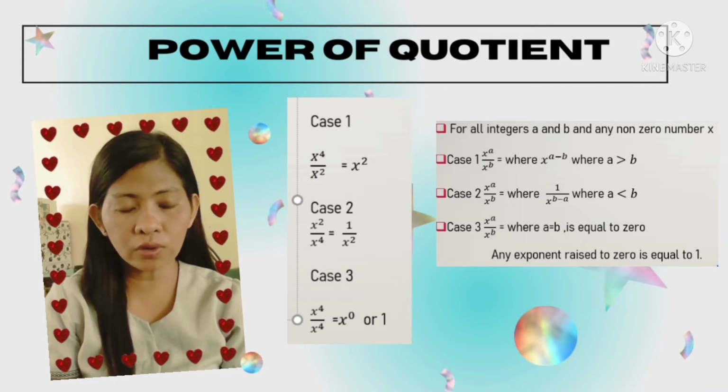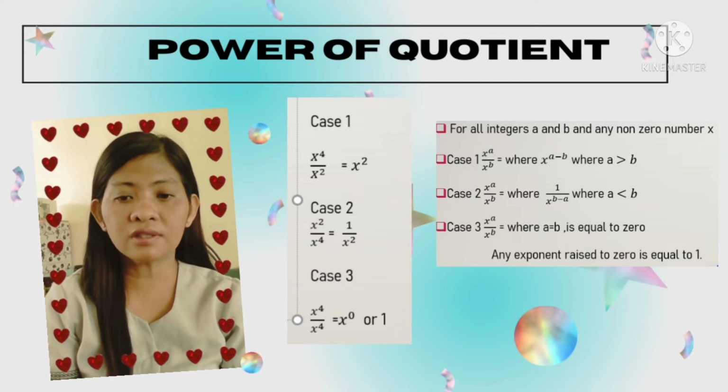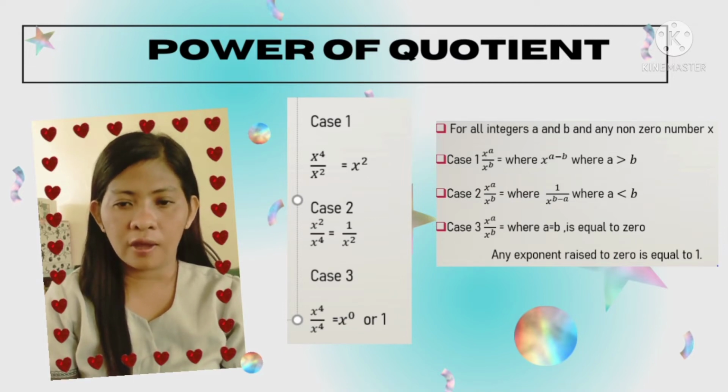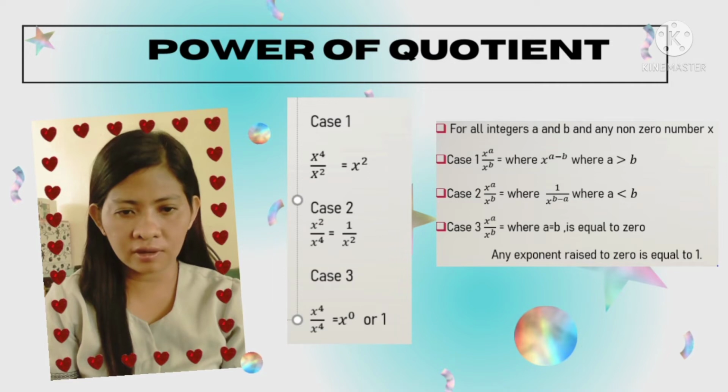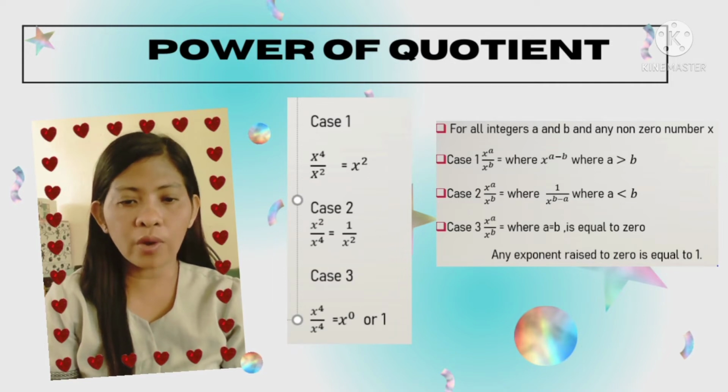So if you are subtracting the same number, the result is 0. Take note class, any variable or any number raised to 0 exponent, the result is 1 or it is equal to 1.